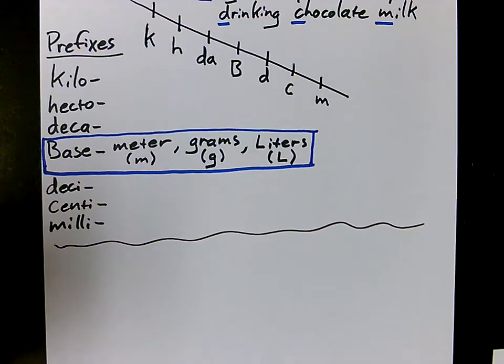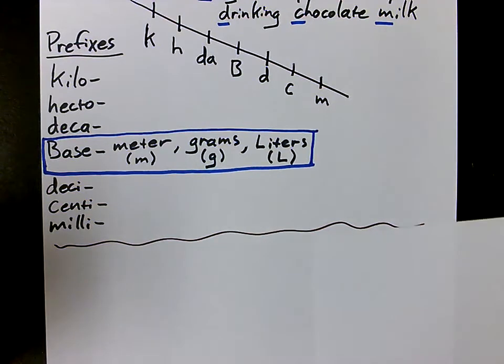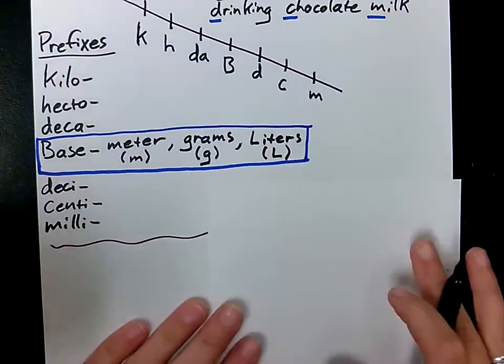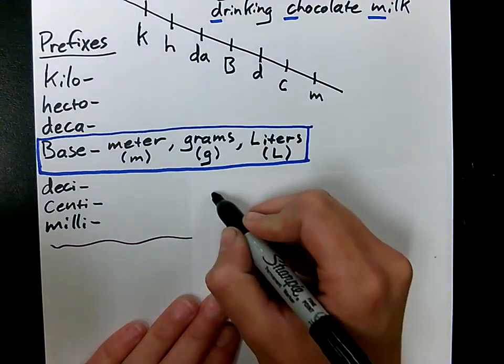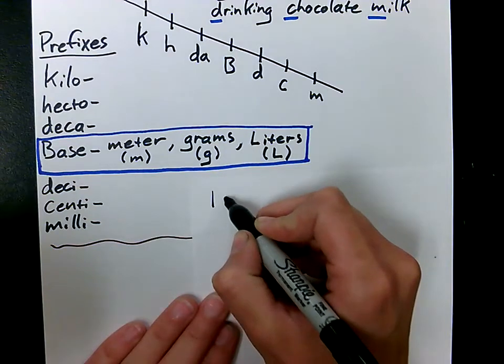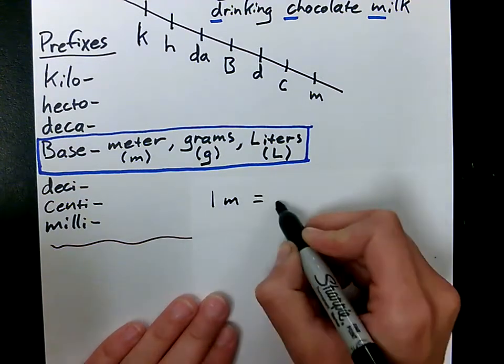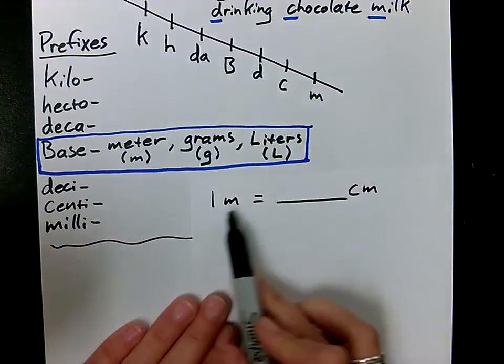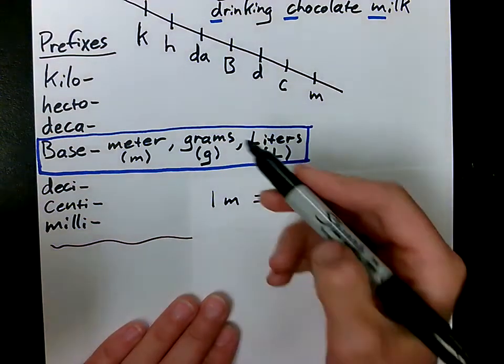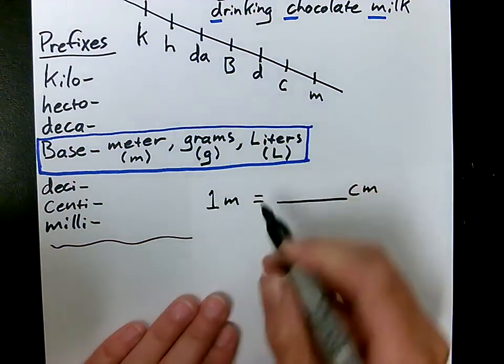All right, so the problem that we're going to do is one that you probably already know. We're going to say I have 1 meter, and I want to know how many centimeters that's going to be. Now, this format is the format I'm going to give you most of your problems in.